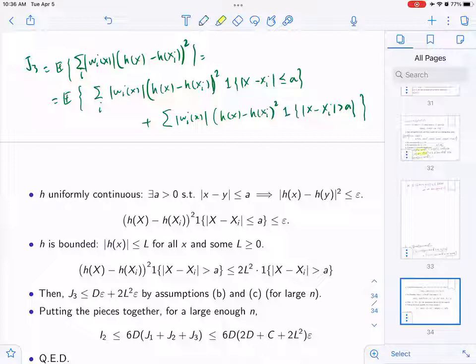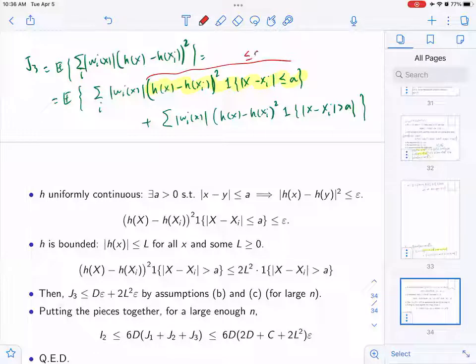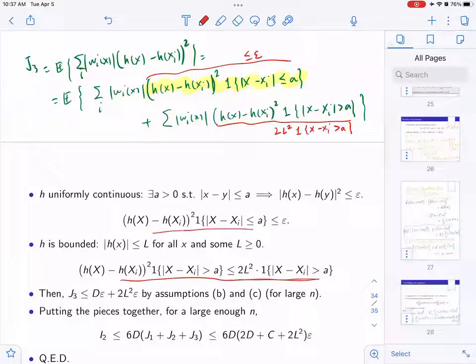And now I have this part, which I know is bounded by epsilon, right? This is bounded by epsilon. And this part is bounded by 2Ls squared times the indicator of |x minus xi| bigger than a. Okay, that's this. The other one is that.